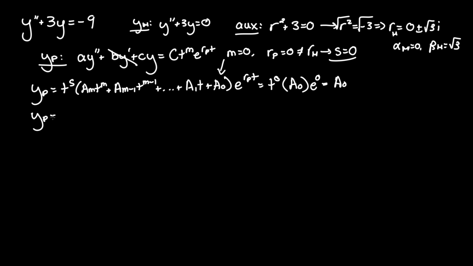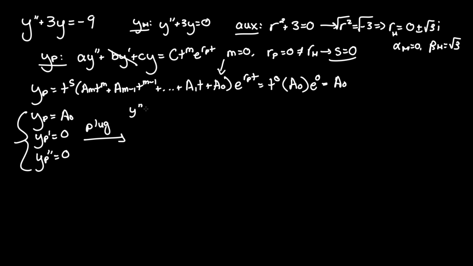So now we know that y particular equals some constant a sub 0. All we have to do now is do two derivatives to get up to y double prime, and then plug that in and see what we get. So yp prime equals 0, since the derivative of a constant is 0, and doing another derivative, the derivative of 0 is 0 again.